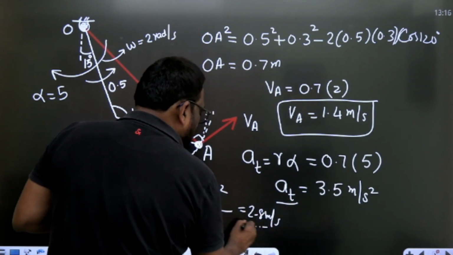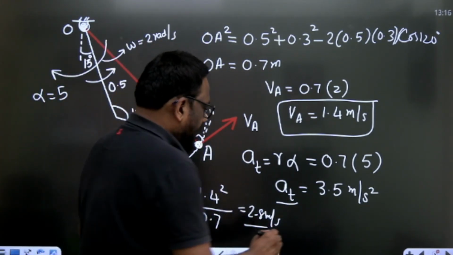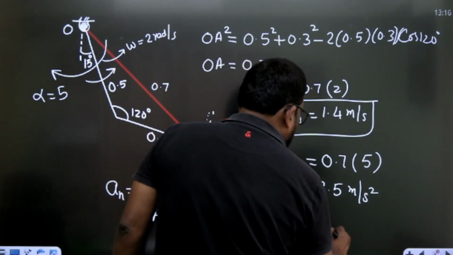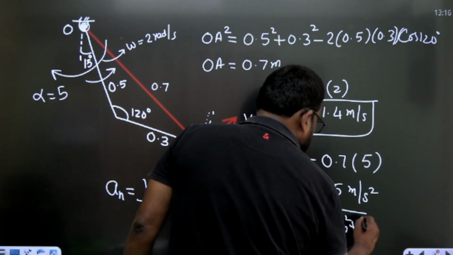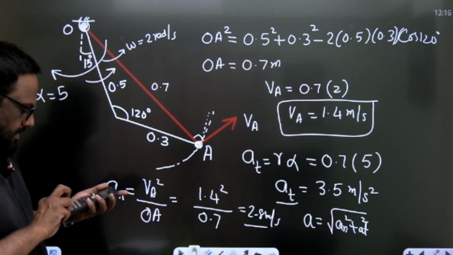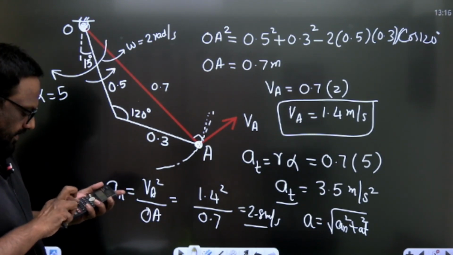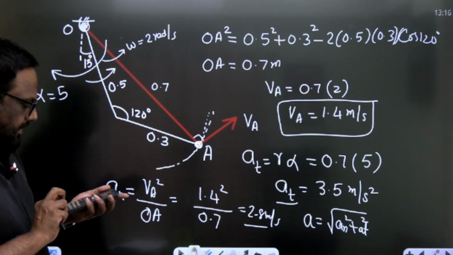Once the tangential and normal accelerations are known and they are perpendicular, the acceleration will be under root of an square plus at square. Bilkul sahi hai, sirs. So it is 2.8 square plus 3.5 square, under root of this.